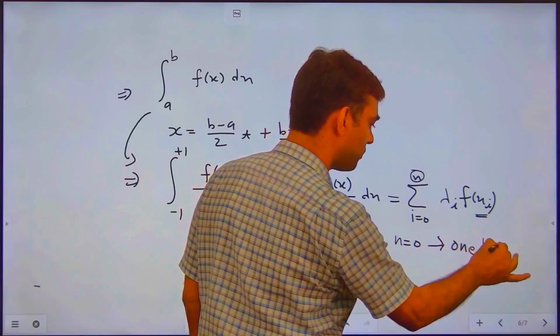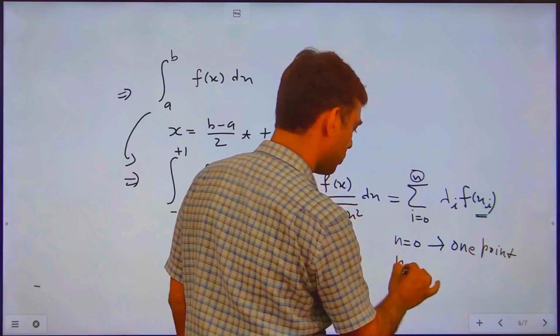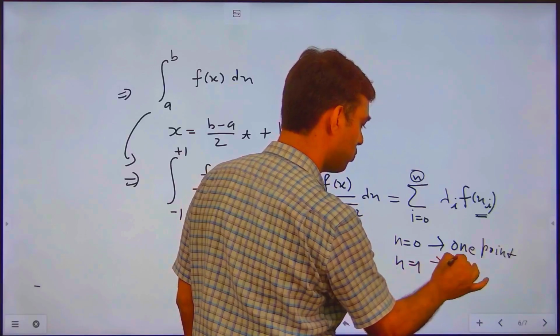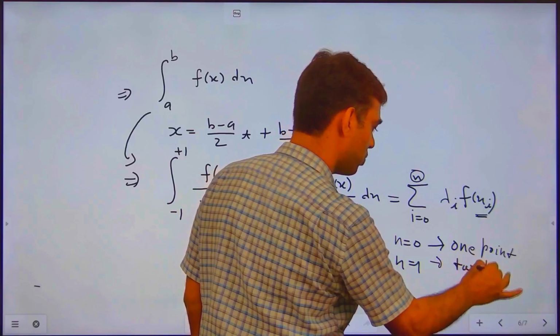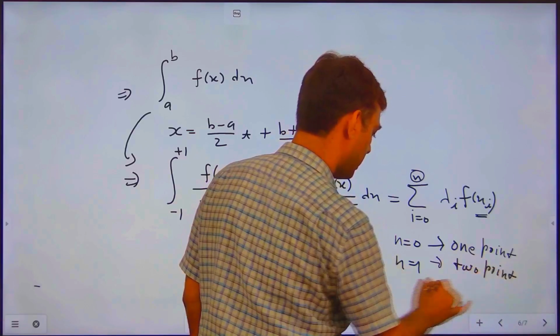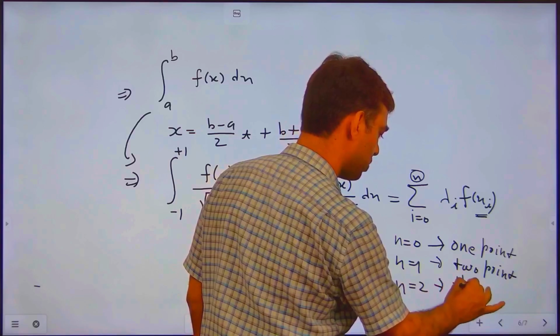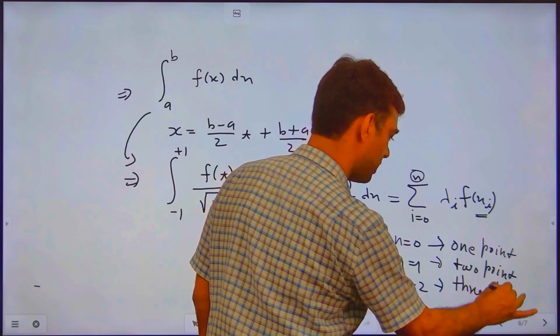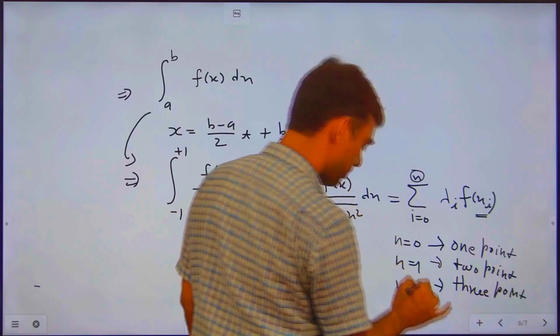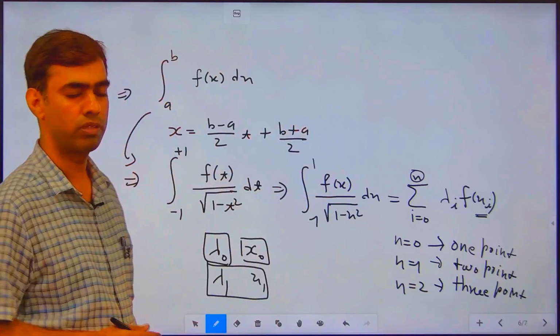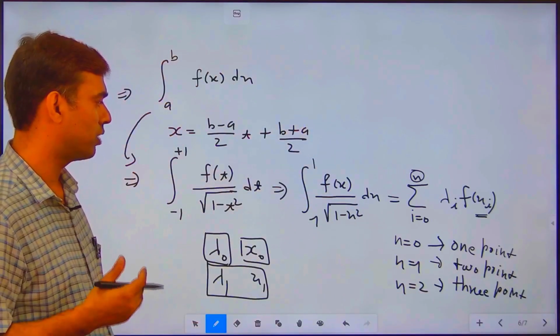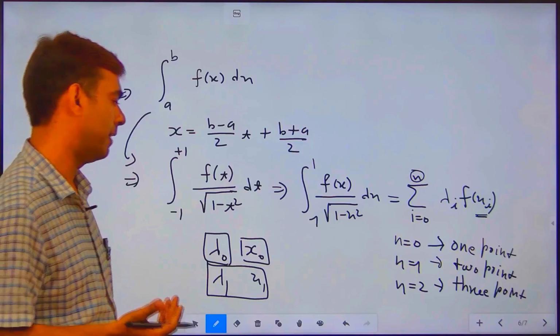If n equals 1, then a 2-point formula, and if n equals 2, then a 3-point formula. Similarly, for n equal to 3, n equal to 4, we get 4-point, 5-point formulas, and so on.